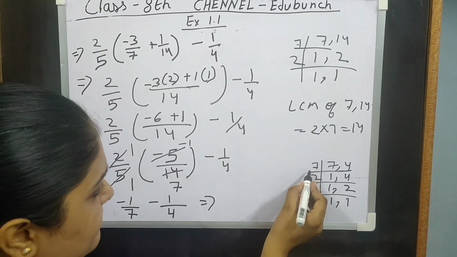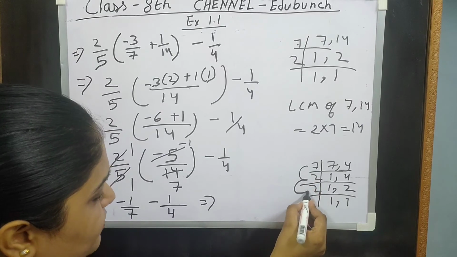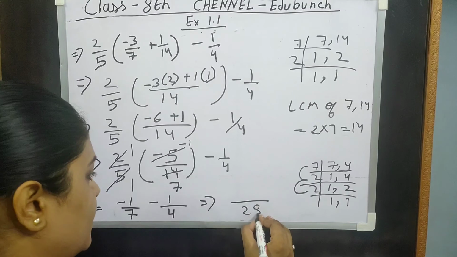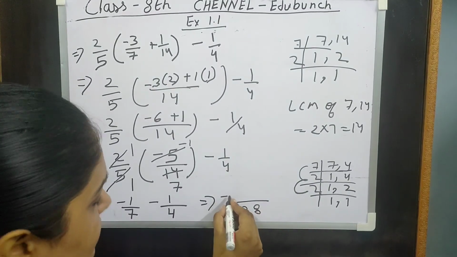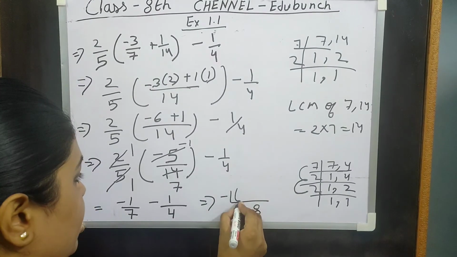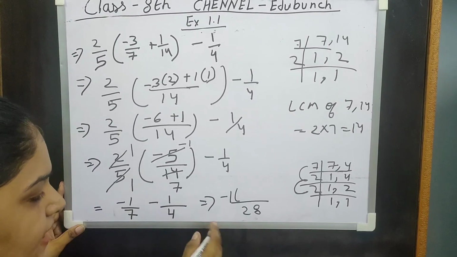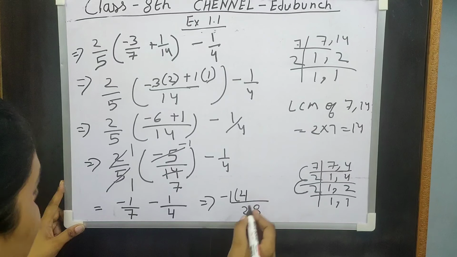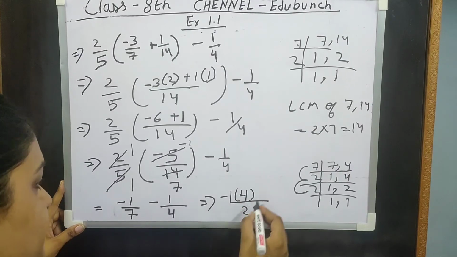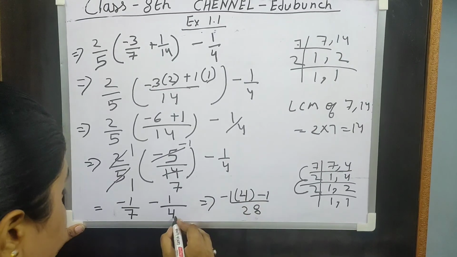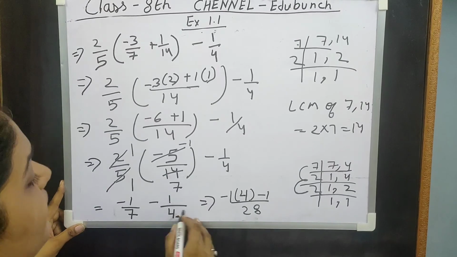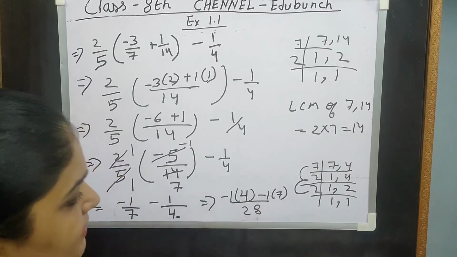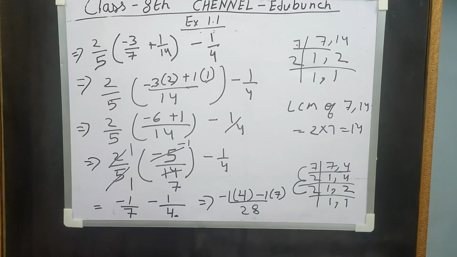Now here the LCM is 7 twos are 14, 14 twos are 28. Here the LCM is 28. Minus 1, because in the table of 7, 28 comes at the fourth time, so we are multiplying here with 4, and in the table of 4, 28 comes at the 7th time, so we multiply this minus 1 with 7.